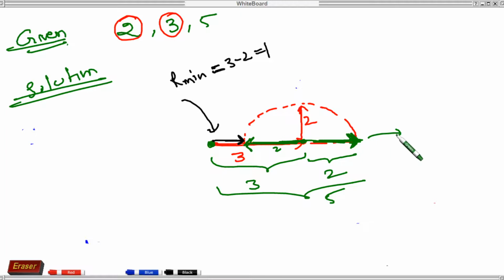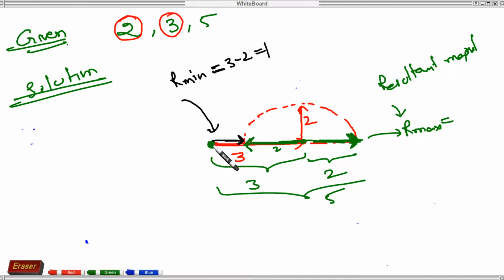So here the maximum resultant magnitude, what will the resultant be in this case? The resultant will be from this point to this point. So maximum resultant magnitude is 3 plus 2, which is equal to 5.